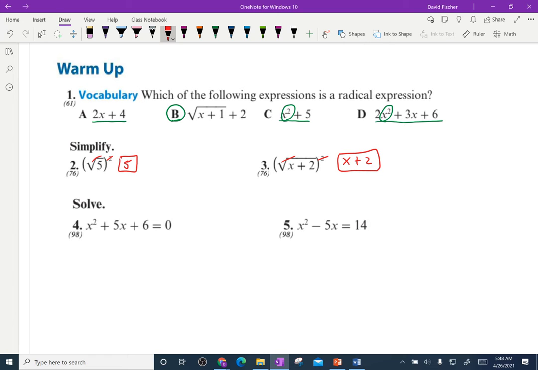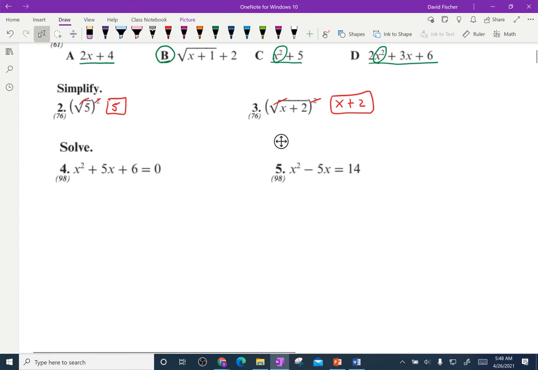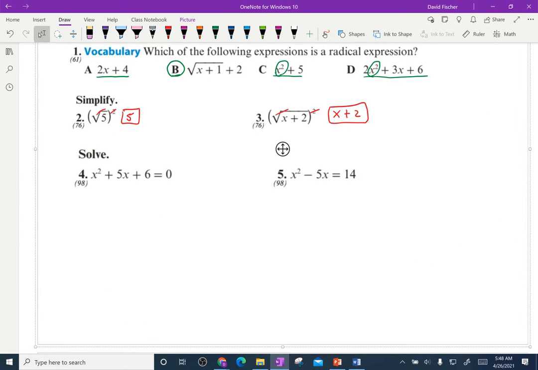Now, not so much today, but tomorrow we're going to go back to factoring these guys, and we'll do a little bit today. I think one, maybe two problems, but we can't forget how to factor quadratics. And so I'm hoping that you remember that if it's an x squared, then it's an x times an x. And then we need two numbers that multiply to 6 but add up to 5.